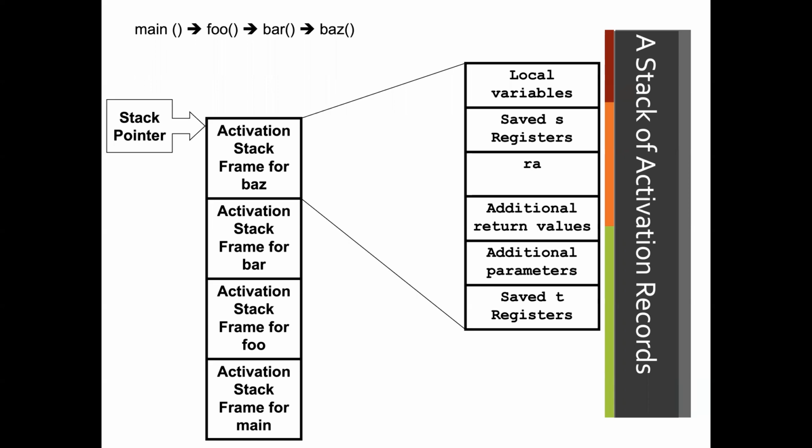So our activation record provides us with an appropriate way to understand how each of the procedures are going to communicate with one another. And so this will be a strong representation between different callers and callees.